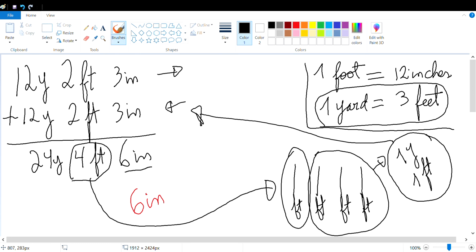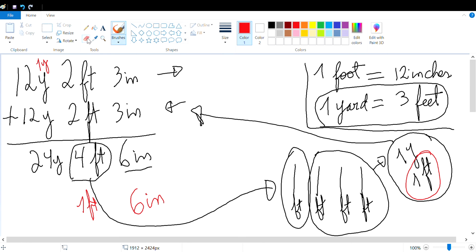And the 1 yard, I move it into the yard column, which is, let me change the color so you see, here, 1 yard. And the foot goes to my new answer. 1 foot. And that is my new answer. Why? Because I used the other 3 feet to convert them into 1 yard. I hope you understand this.